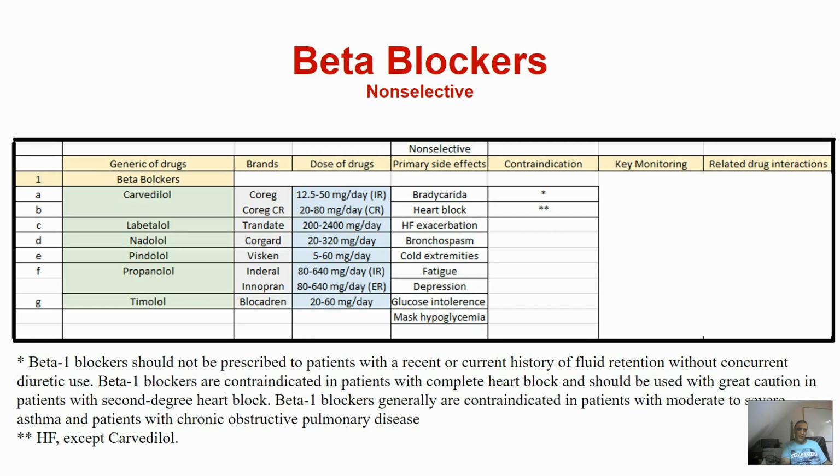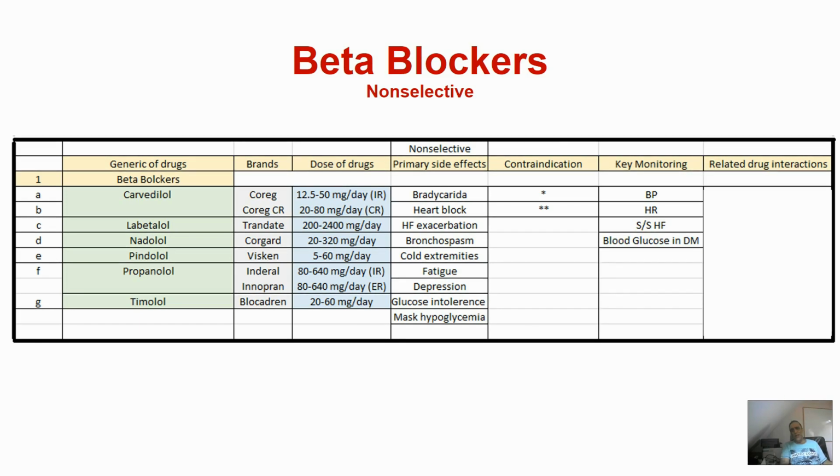I mentioned in the cardioselective, but for heart failure, from these groups we can use just Carvedilol. Monitoring is the same. We have to care about blood pressure, heart rate, and heart failure, and also because of intolerance and masked hypoglycemia, we have to care about these drugs.